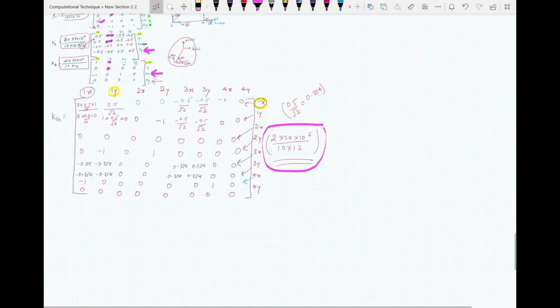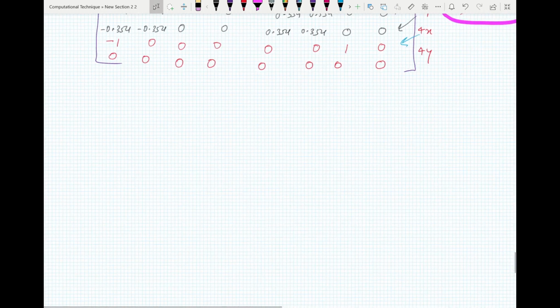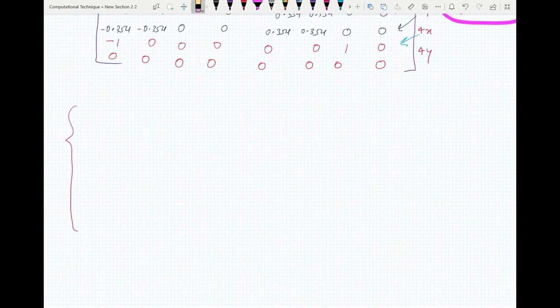Now what we have to do is write our global equilibrium equation. We have to write our forces in each of those directions: F1x, F1y, F2x, F2y, F3x, F3y, F4x, F4y in all the degrees of freedom.